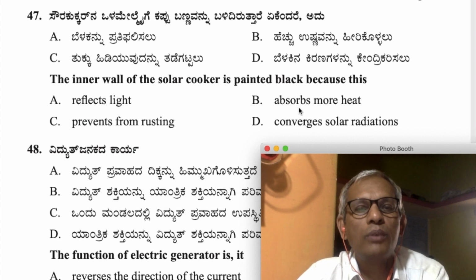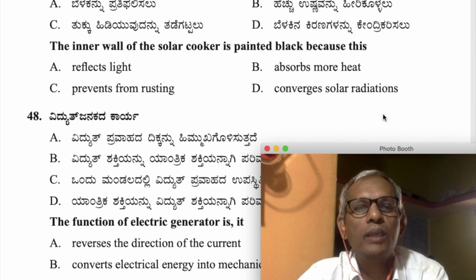Black absorbs more heat, therefore the inside of the cooker is painted black. The black color absorbs most of the light energy, converts it into heat and cooks the food easily.